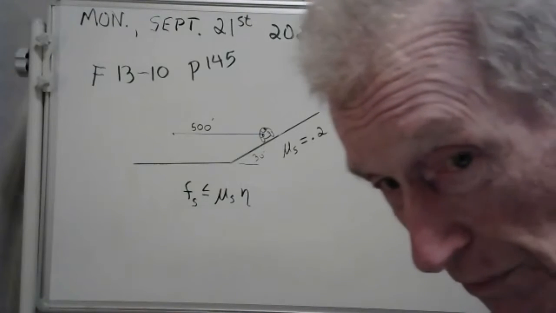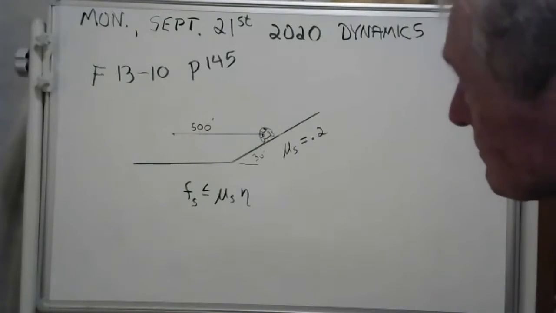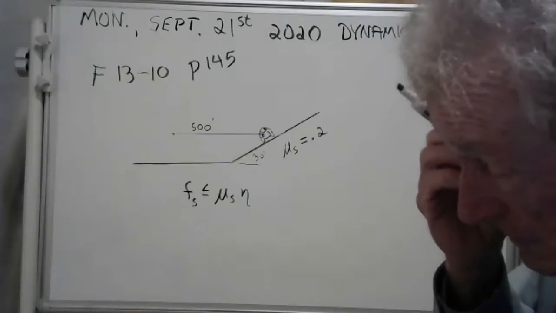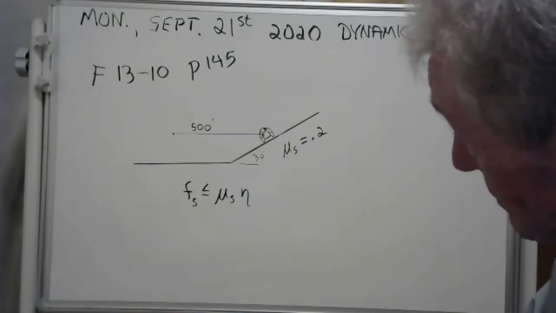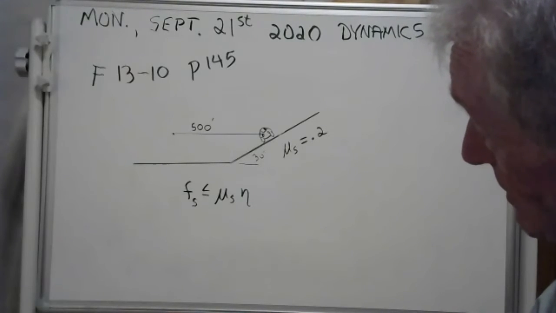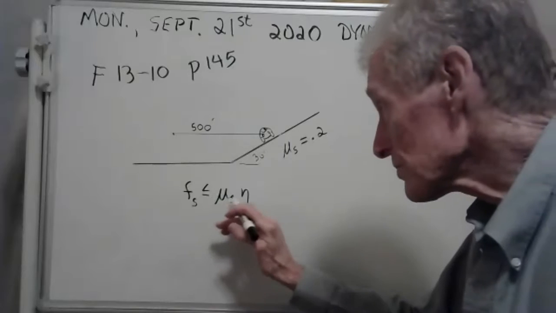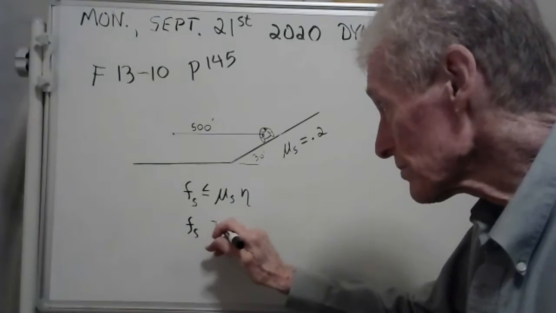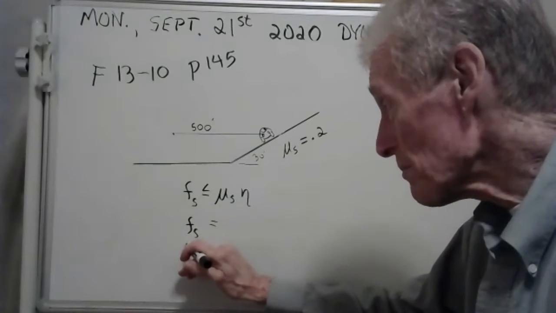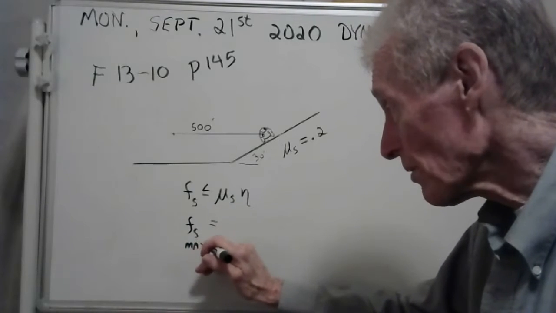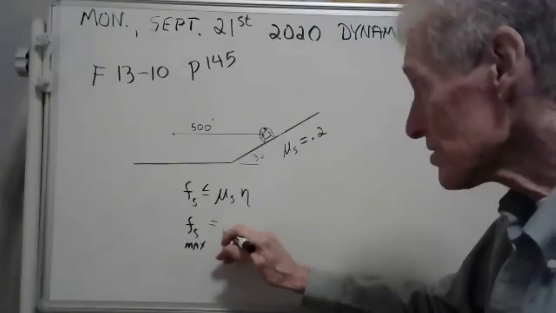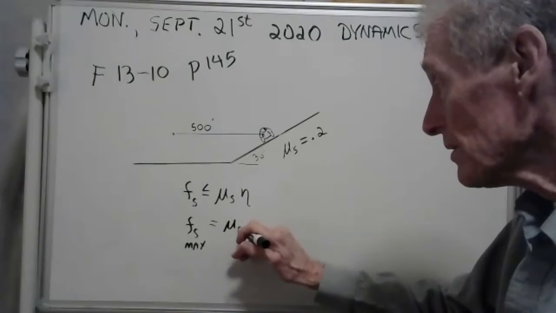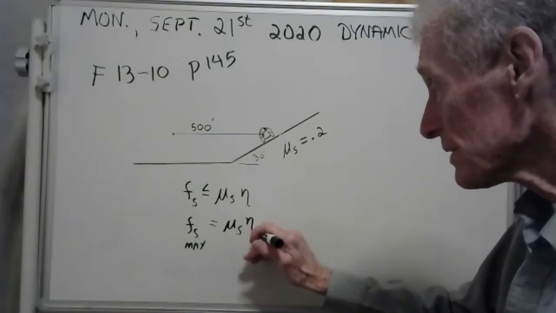I know you've seen that before. And mu sub s is 0.2. Now, it's equal to that if you've got the maximum possible. Then it's equal. You no longer have an inequality.